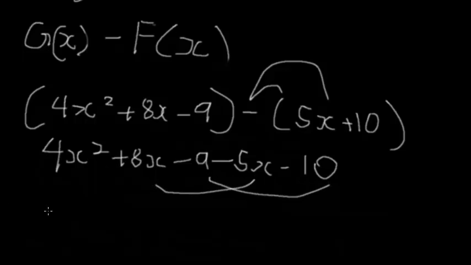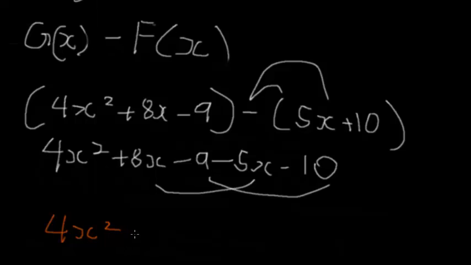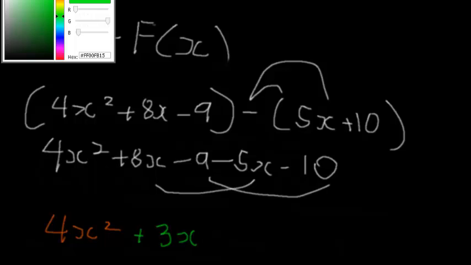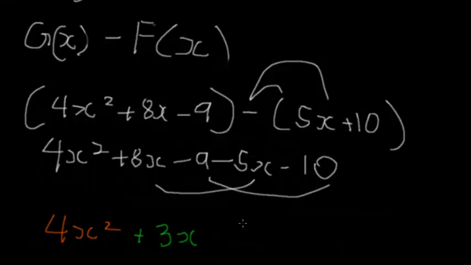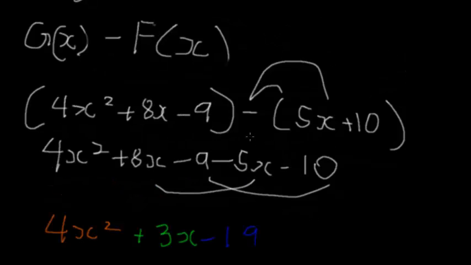So you get 4x squared, and 8 minus 5 is positive 3x, and negative 19. And so that's it for our second big project. This is all we learned.